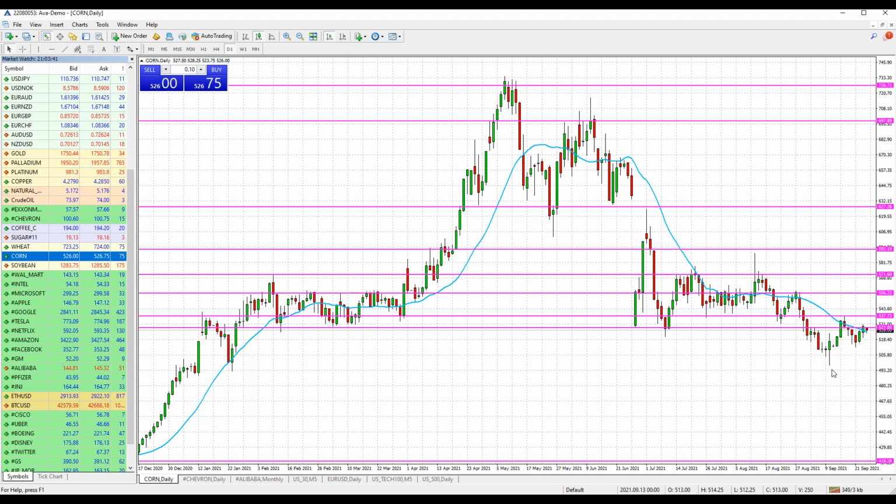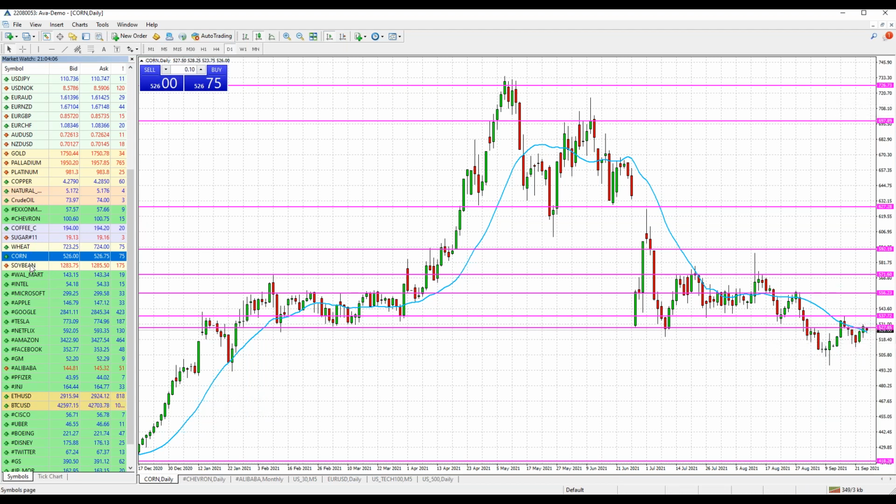It was on the way to working, and then we came back trying to re-enter this area here, 527, 528. We're having a hard time. So we're still in this possible scenario of continuation down on a head and shoulder formation, or it could be broken. Not every head and shoulder works, so we can enter into a buy area and continue higher.